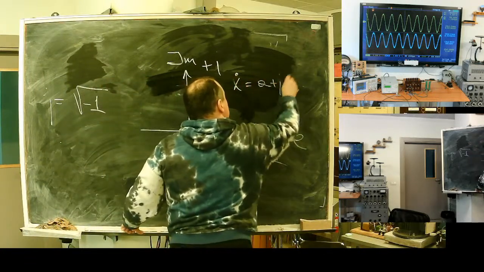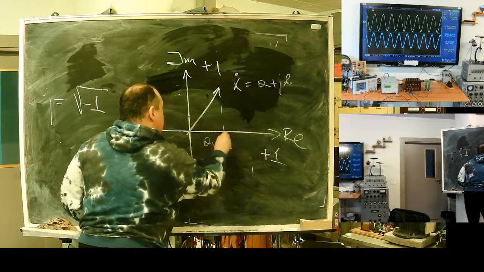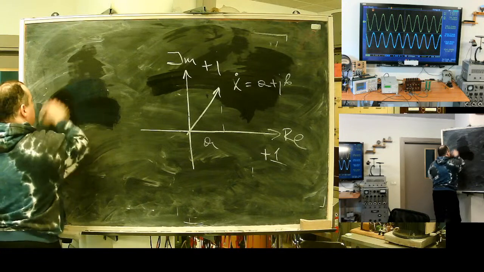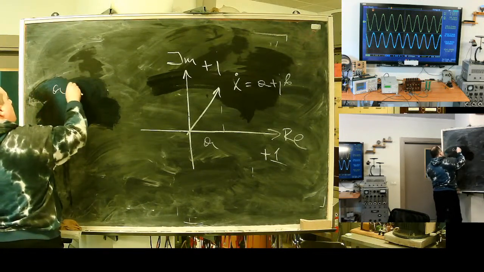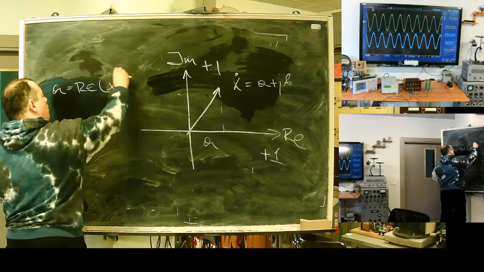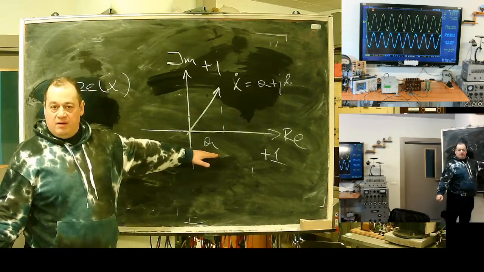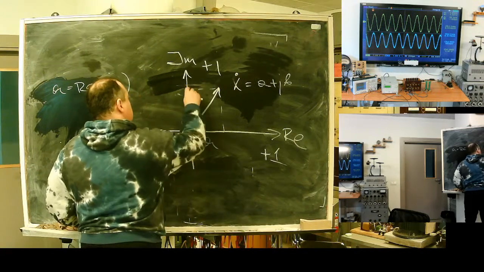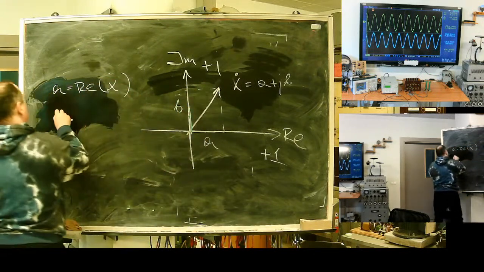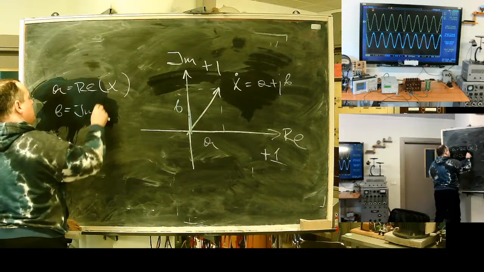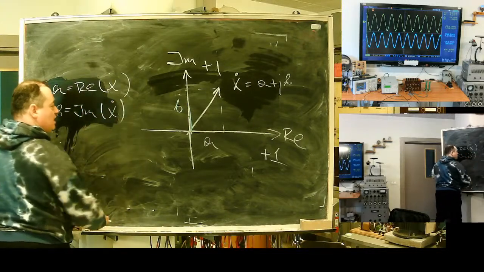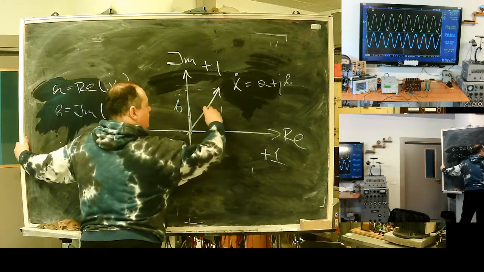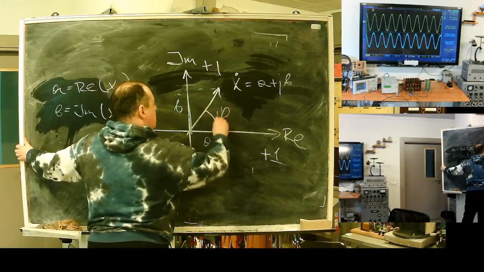A plus B, where A is a real part, A is a real of x. It's an ordinary number. And B is an imaginary part of x. Or I can mark this angle.